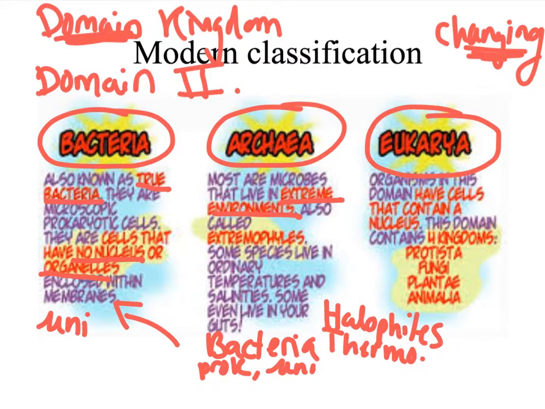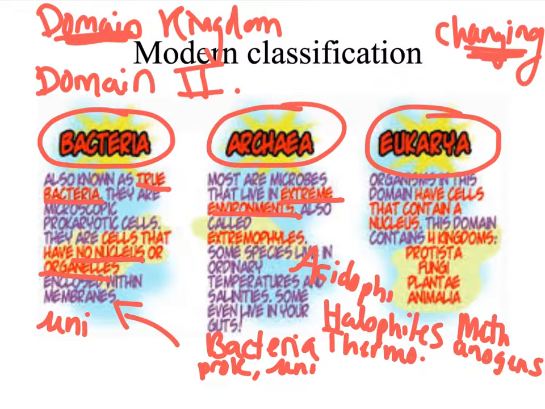We have things like methanogens. Sorry, it might be hard, I'm squeezing it in there. Methanogens, they live in the gut of cows. They live where there's high gas and methane. We have things like acidophiles that live in low pH.